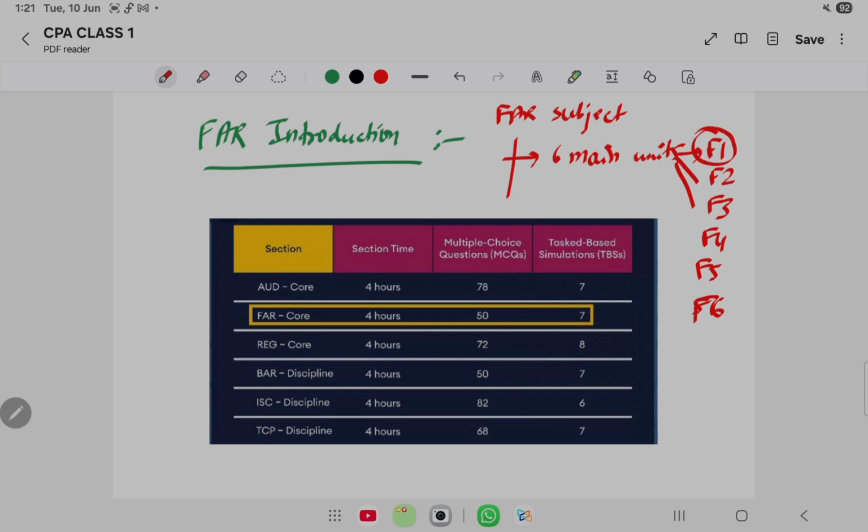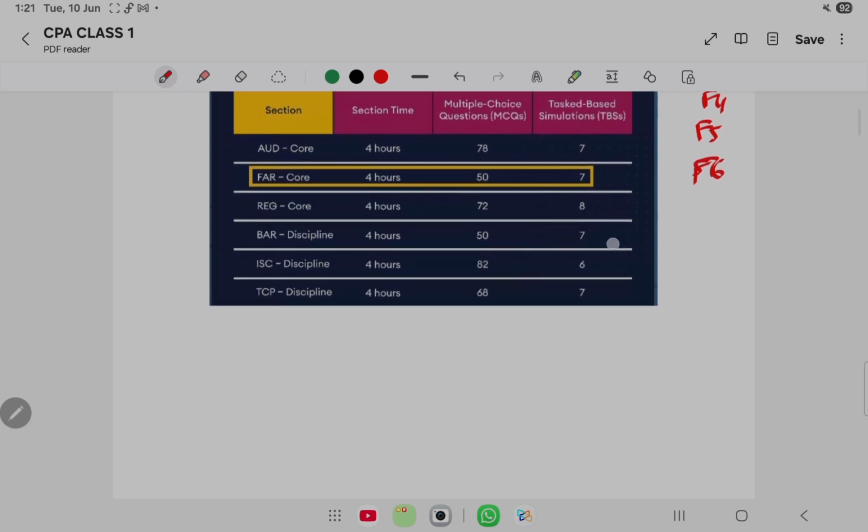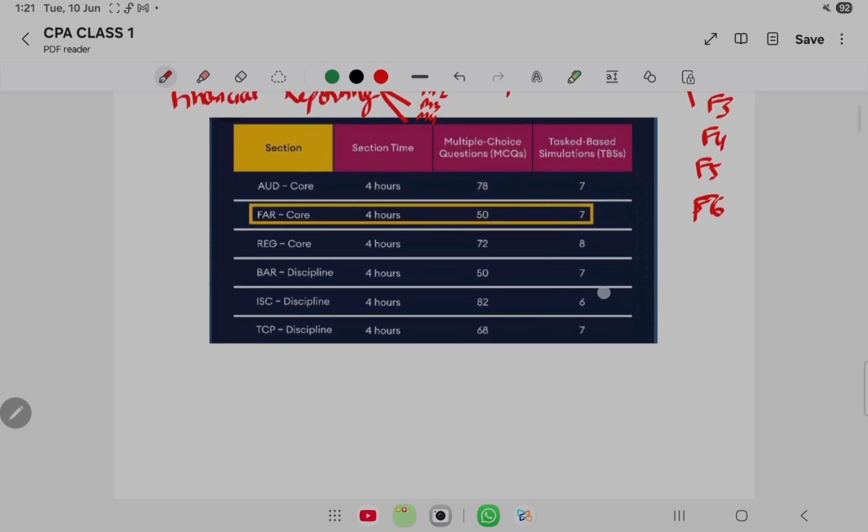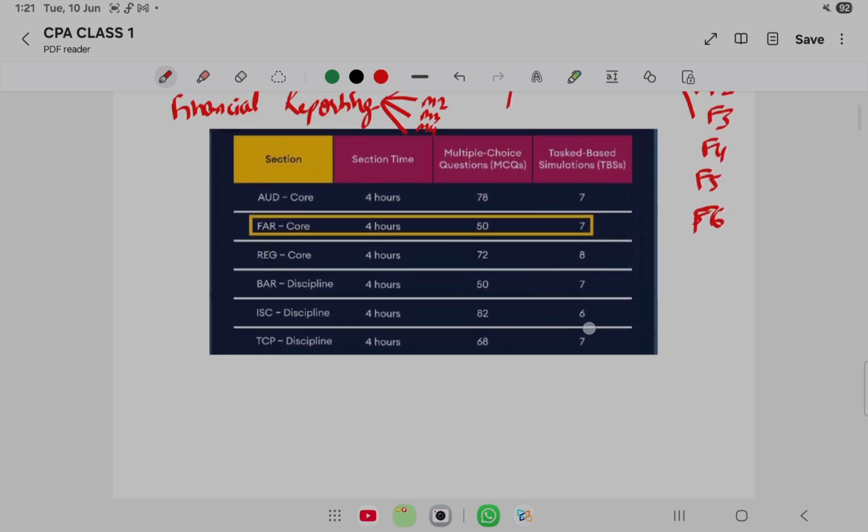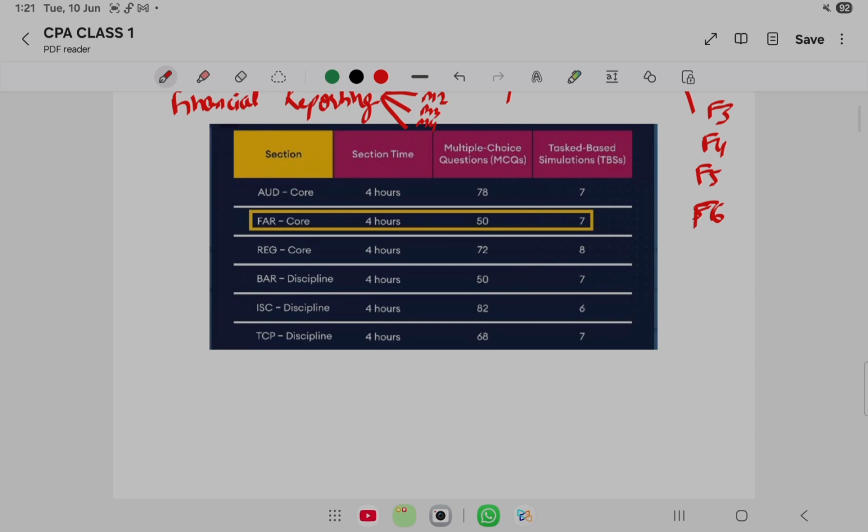So F1 is all about the financial reporting, and it is divided into 4 modules: M1, M2, M3, and M4. Basically, the financial reporting is divided into 4 modules, plus it talks about the 4 major areas. Sorry, not 4 core areas, it's 3 core areas.